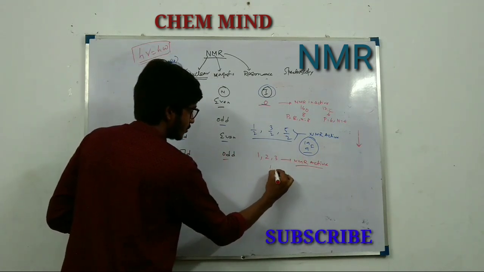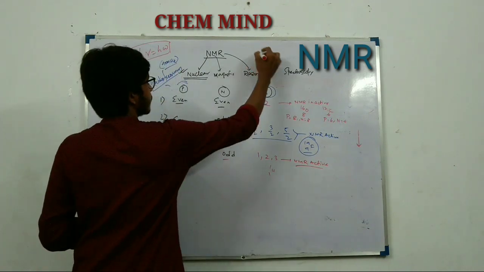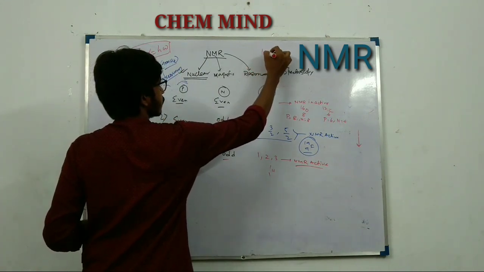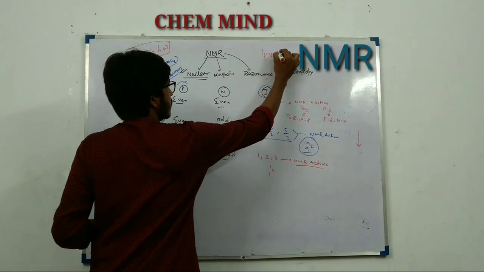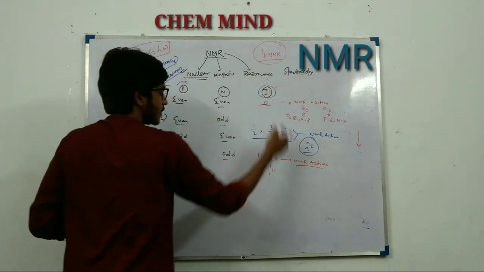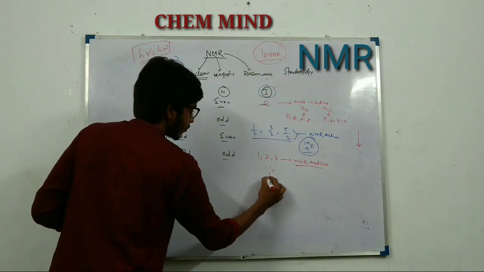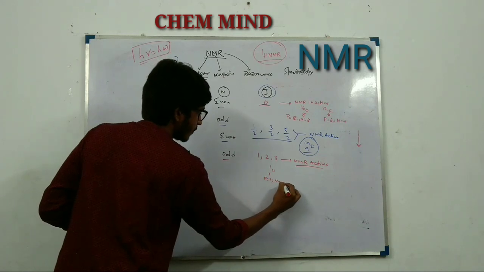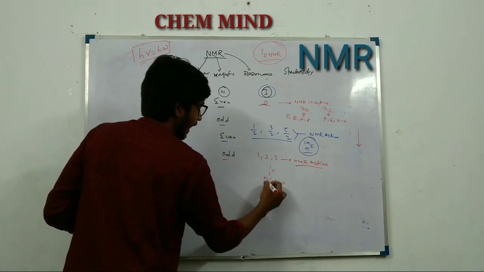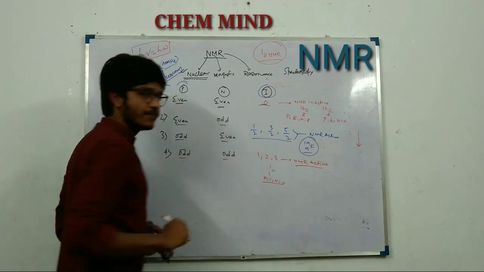That is 1H1, which has several uses, that is 1H NMR. 1H NMR means the number of protons is 1 and the neutron number is 0, so it is odd, and this is NMR active.